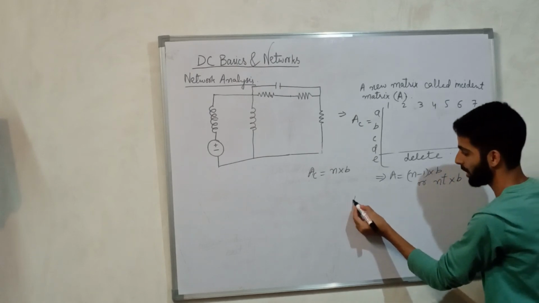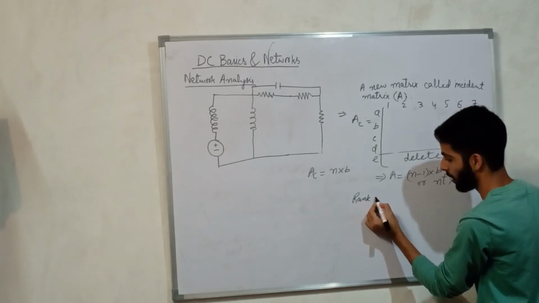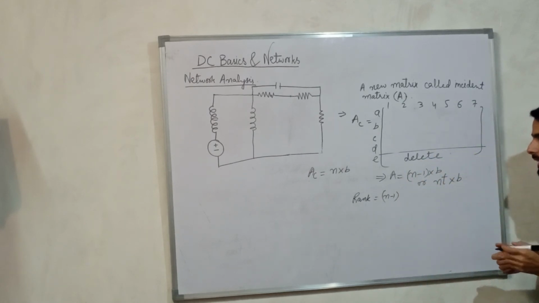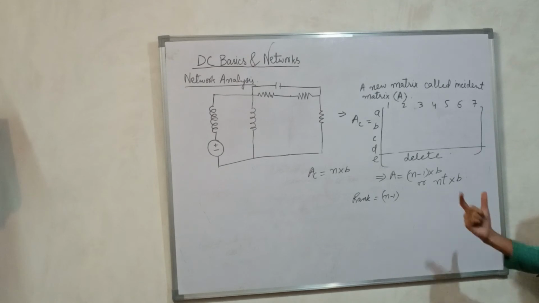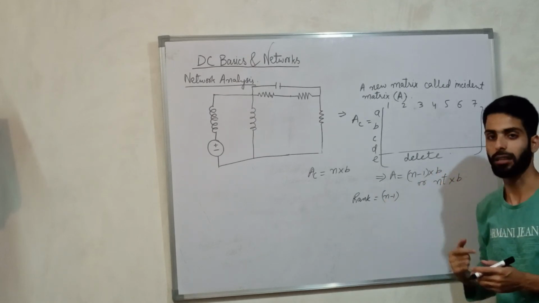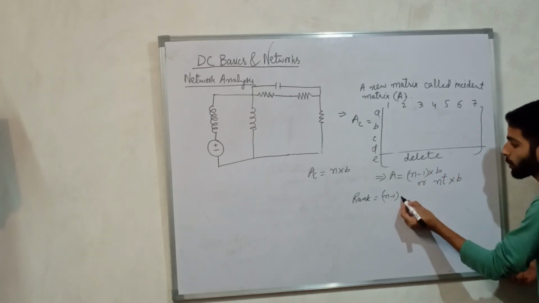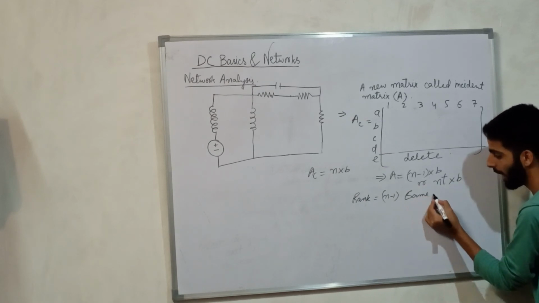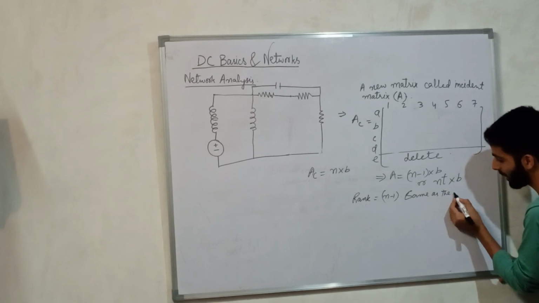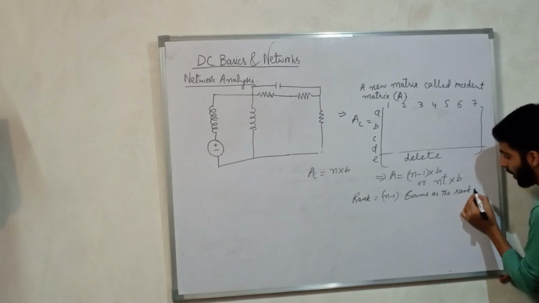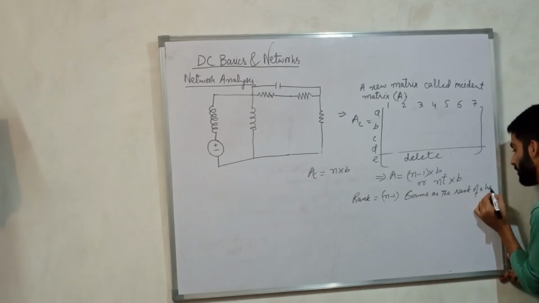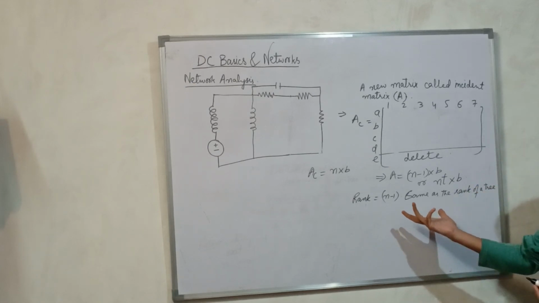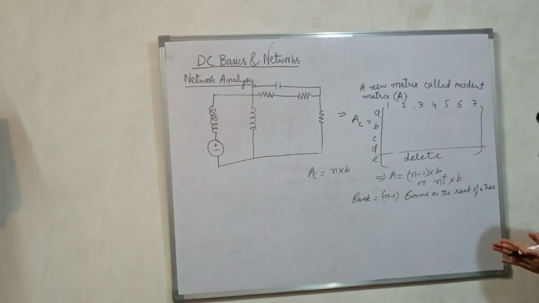The rank of A will be n minus 1, which is the same as the rank of a tree. The rank of a tree is n minus 1.